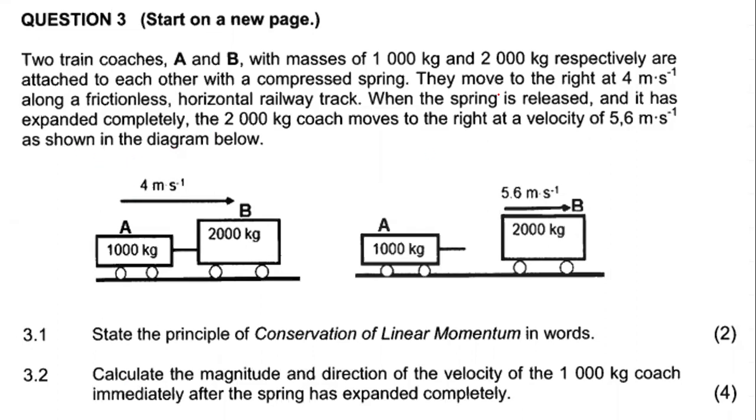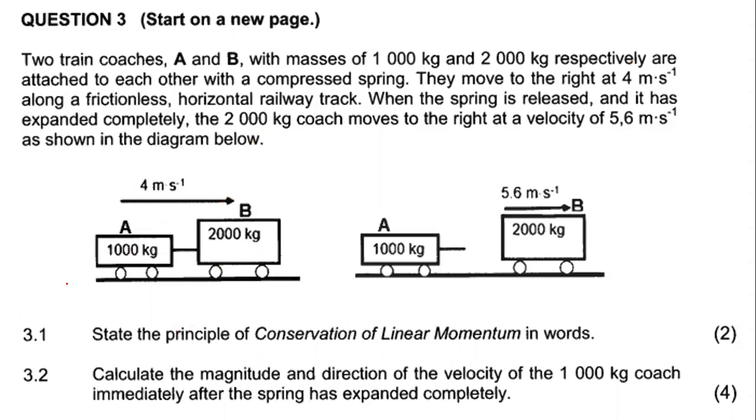So what are we seeing here? We have the two coaches A and B, where A has a mass of 1,000 kilograms and B has a mass of 2,000 kilograms, and they are moving to the right at 4 meters per second.